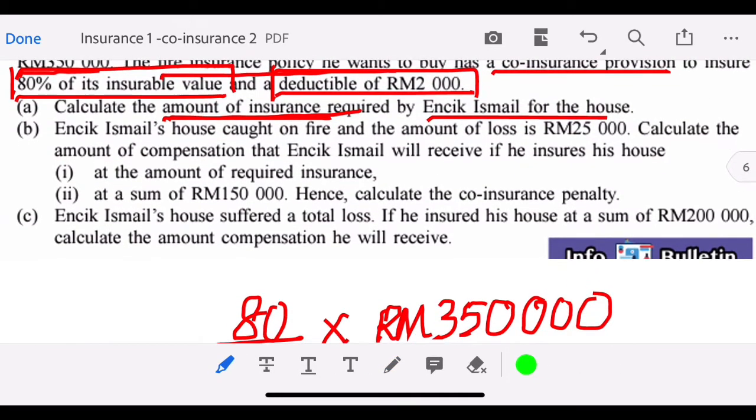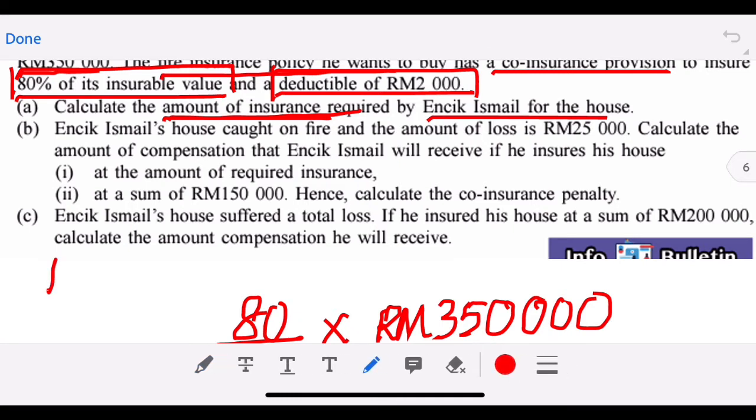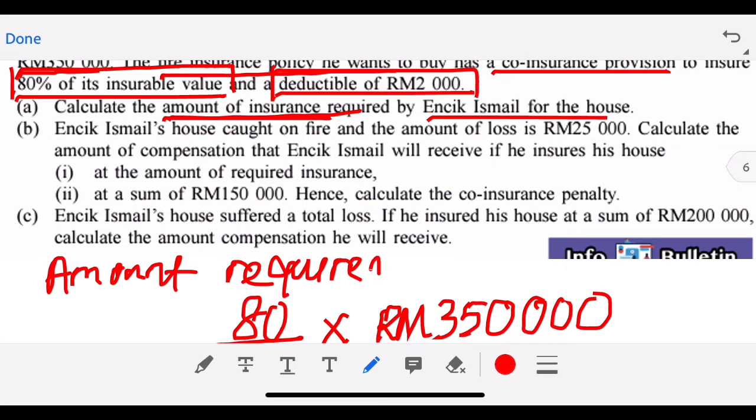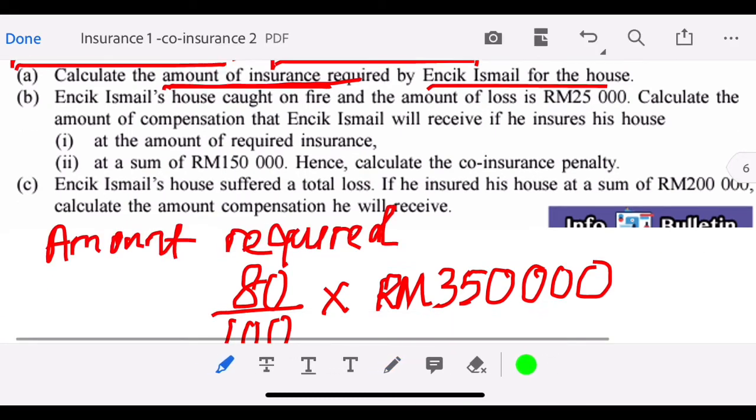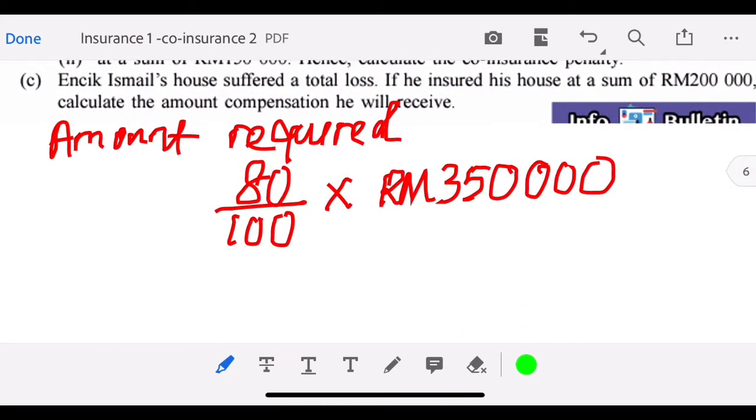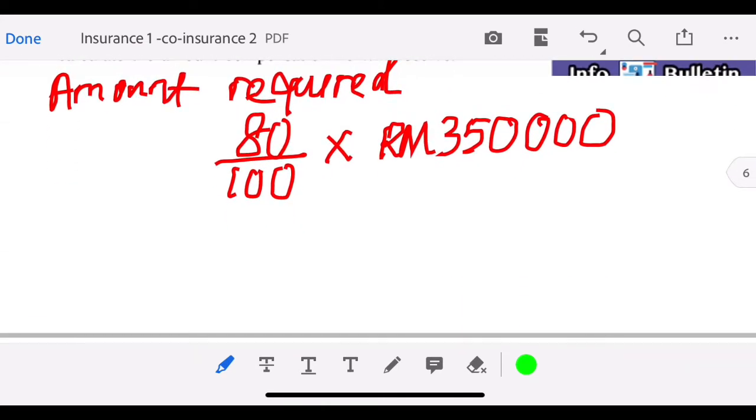The amount of insurance required by Inche Ismail is 80% of its insurable value. Let's press the calculator: 80 over 100 times 350,000.